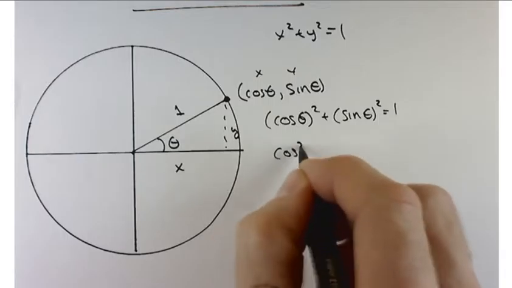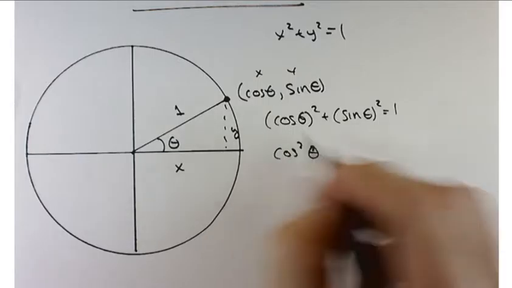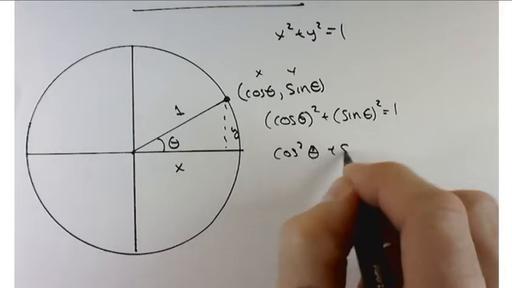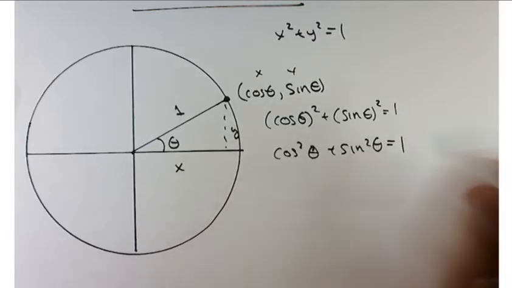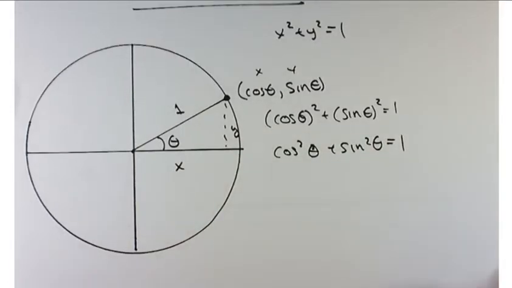Typically we write that with this notation as opposed to parentheses. So there's your Pythagorean theorem. I just wanted to bring that back.